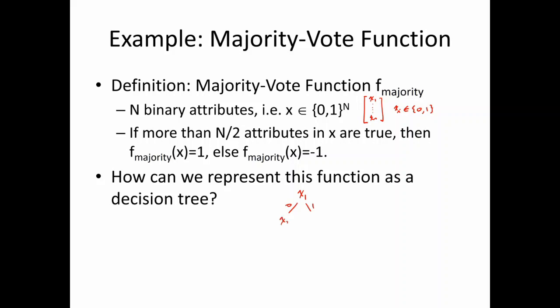And then you look at the second attribute, see if it's 0 or 1. And you keep doing this and go through all the attributes, and the leaves will have values -1 or 1, depending on the number of ones in the path to the given leaf. Rightmost path would lead to 1. For something as simple as identifying the majority of a vector, you need a full tree if you're to use a decision tree.